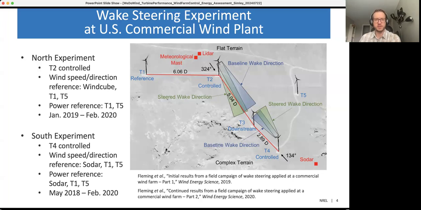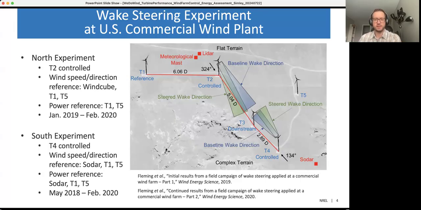This was an experiment from 2018 to 2020, and it took place at a 5 turbine cluster that was part of a larger wind farm in the US.